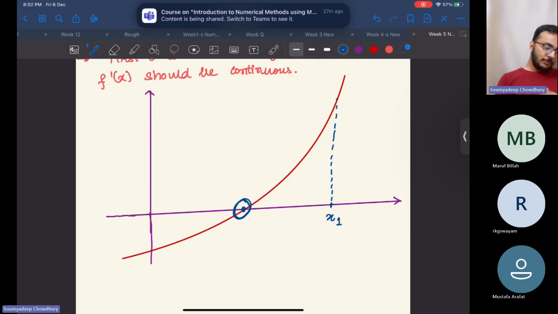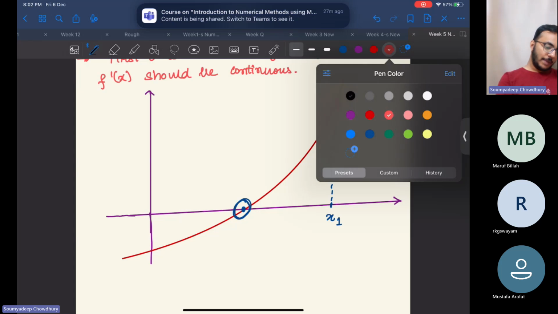At the initial value, we find the value of the function. Then we draw a tangent at this point.